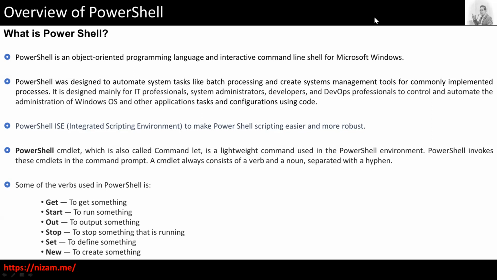And new means to create something new. We can create a new file or new folder; in that type of scenario, we use the command new. So it is like two words: one is the verb, then a dash, and the other word is the noun. That's the syntax of PowerShell.